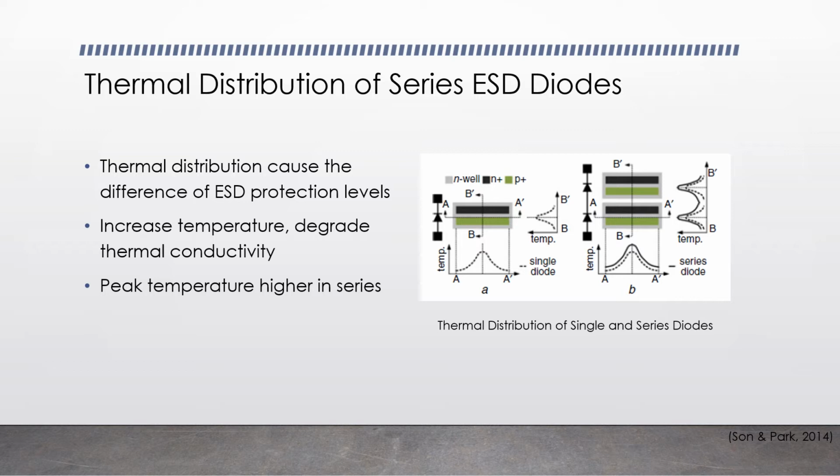The p-n junction of the diodes can be regarded as the thermal source during ESD events. In general, the thermal conductivity of the semiconductor material degrades as the temperature increases. From the figure, it is clear that the peak temperature of the series diodes is higher than that of single ones because of the thermal interactions.